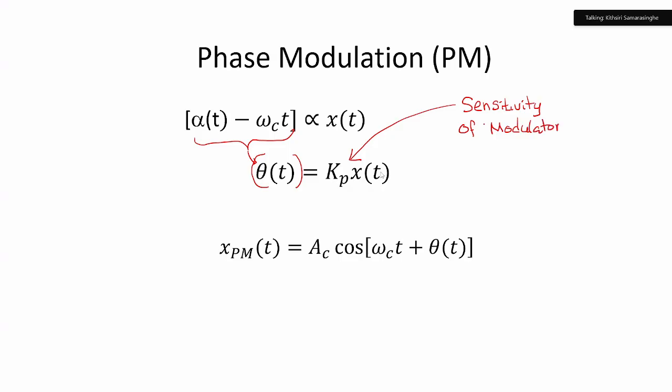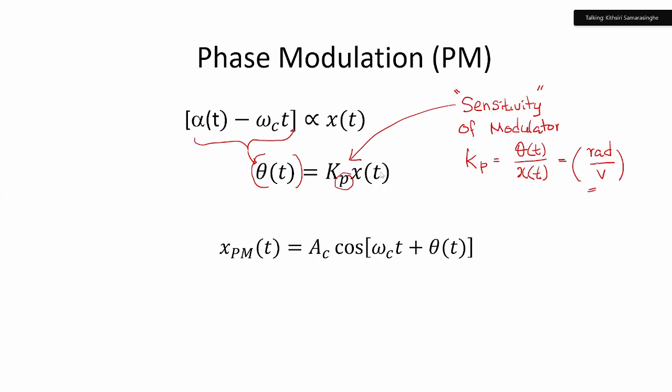Modulator will be a circuit, and that circuit will have a certain sensitivity. Sometimes this is called sensitivity of phase modulator. That's why the P here stands for phase. And unit wise, you can notice the sensitivity is theta over xt, and this will be in radians, this will be in volts. So that will be the unit.